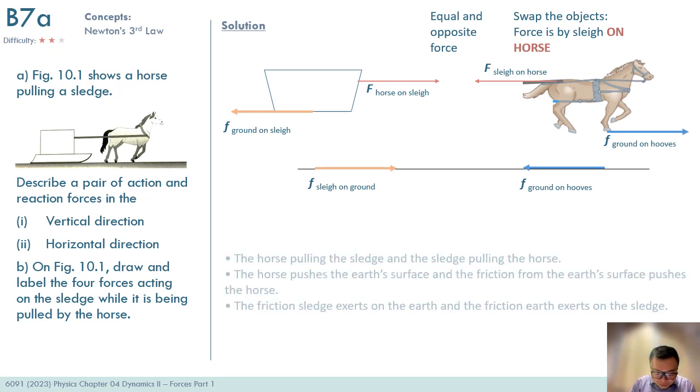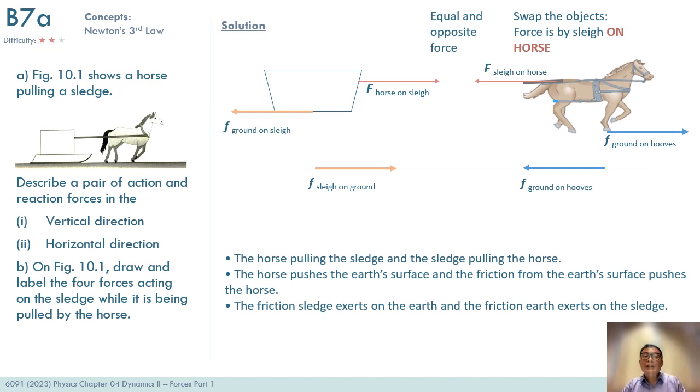So this label needs to change. This one should be acting on the ground by the sleigh. Okay, so these are three pairs of horizontal forces.